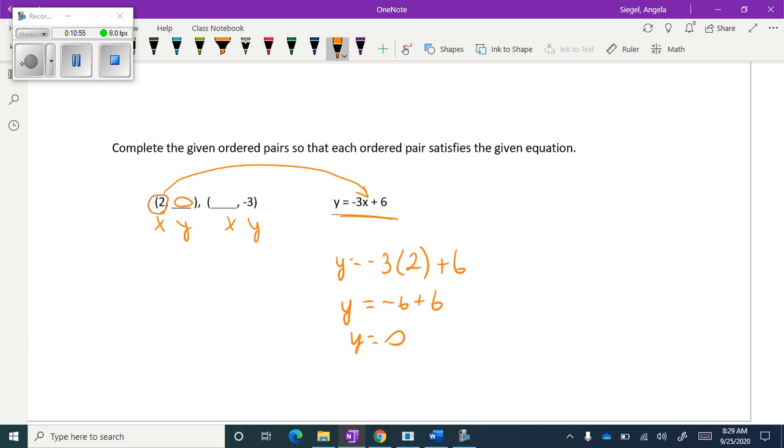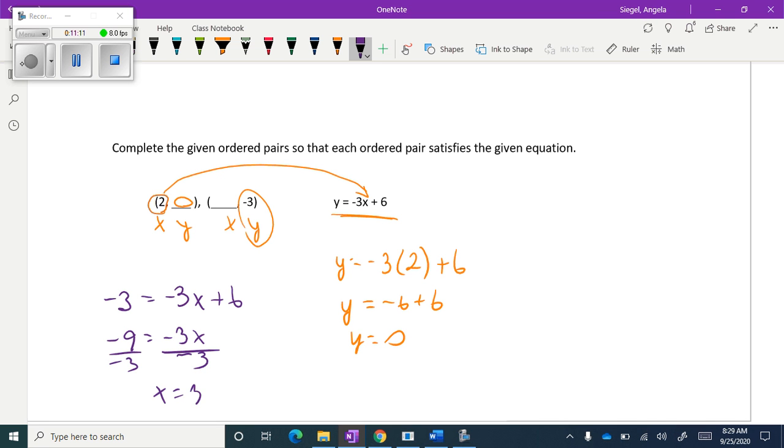So 0 is going to go in there. But this one is my y value, so I'm going to go backwards. I'm going to say -3 equals -3x plus 6, and then subtract 6, divided by -3, so x equals 3. And so that's how that works. And that's it, guys.